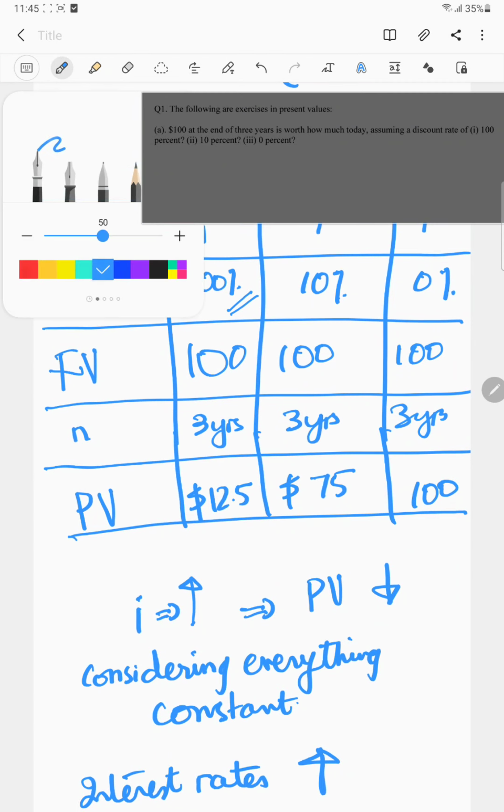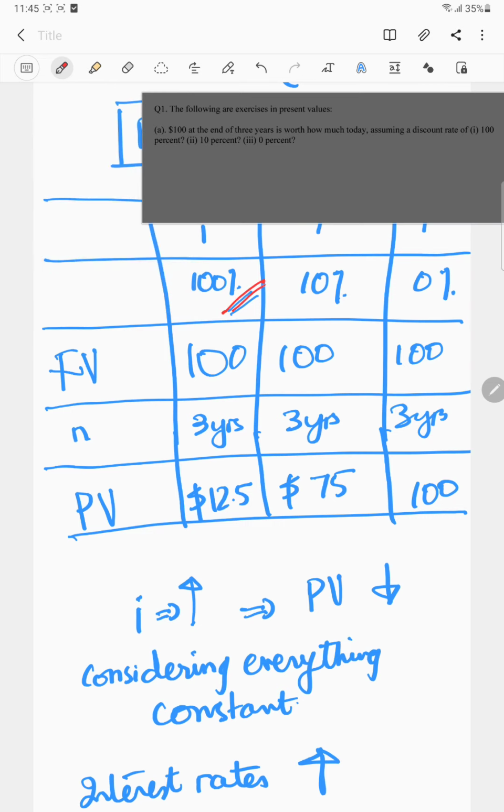If our interest rate is 100%, then my PV is $12.5. Where my interest rate is 10%, my PV is about $75. Where my interest rate is 0, my PV is equal to my future value.